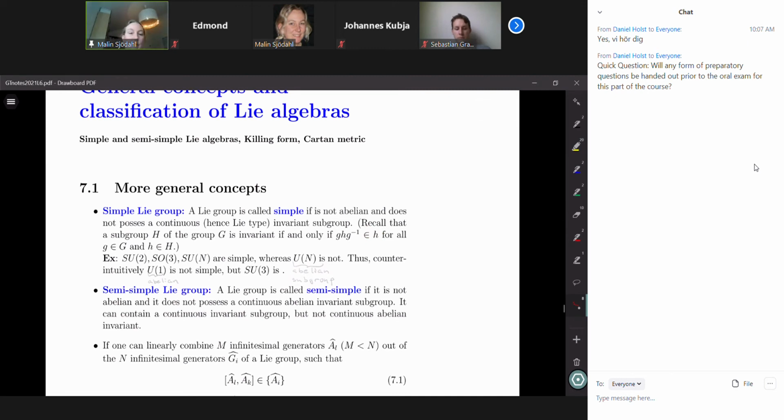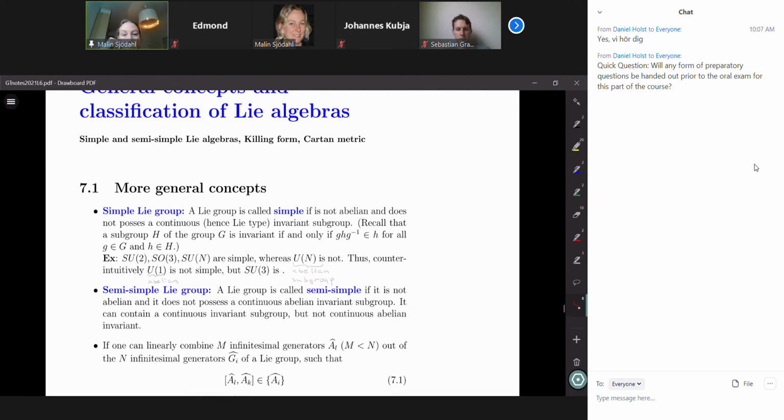So let's think about a few examples. This is actually a pretty counterintuitive definition because, first of all, U(N) is not simple because it has an abelian subgroup. The diagonal phase, that would be an abelian subgroup that you can have in U(N).